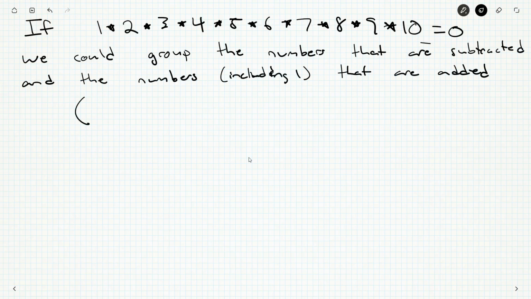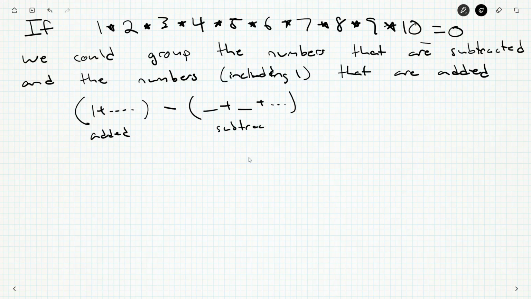And so I could get 1 plus, and then minus a bunch of other numbers. Blank plus, blank plus. So the added numbers and the subtracted ones, I could group them like this.